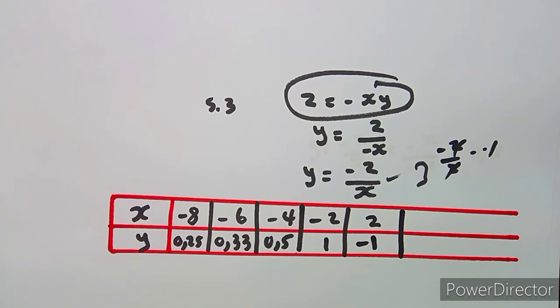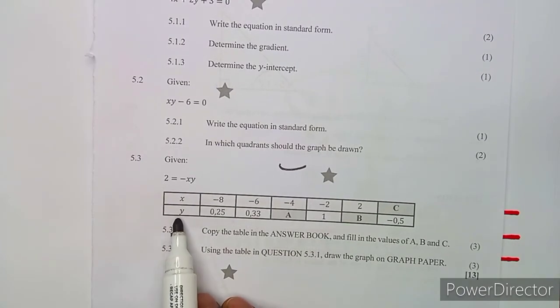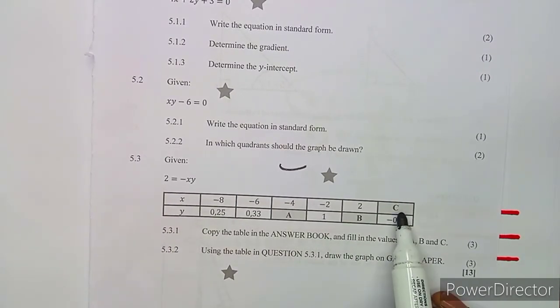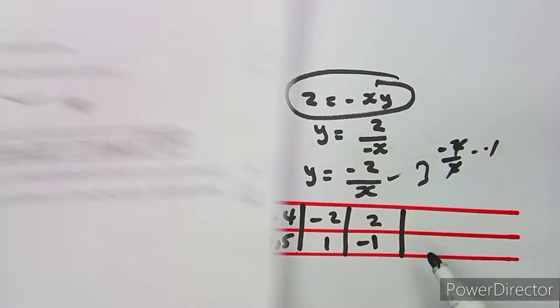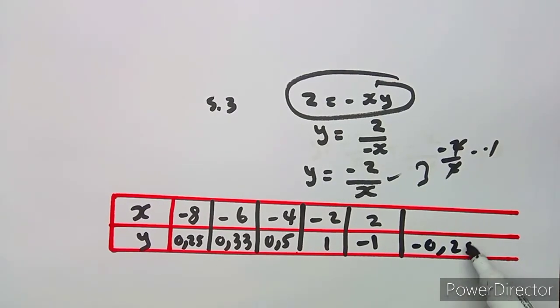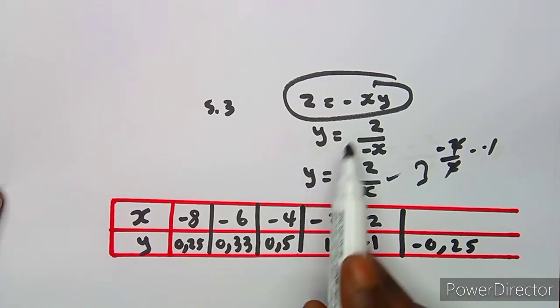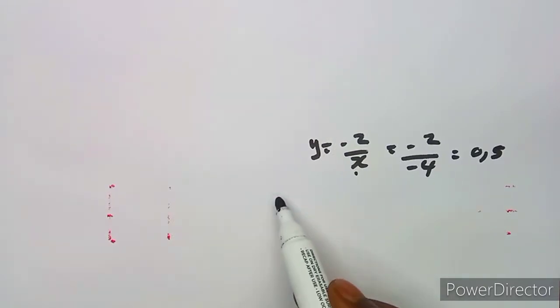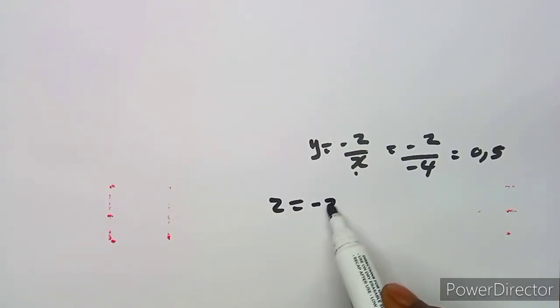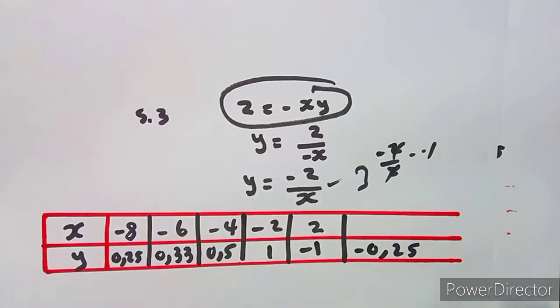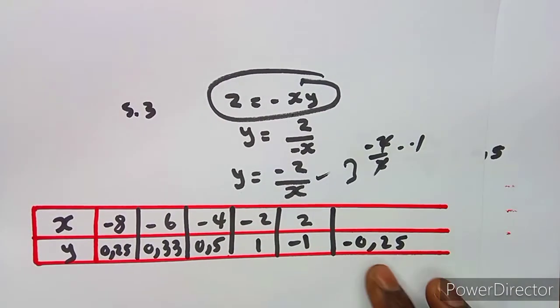All right. Another part is where this time we are given the value for y and we need the value for c, and y is negative 0.25. What is the value for c there? You can substitute in either equation, so choose 2 is equivalent to minus xy, with y as minus 0.25.